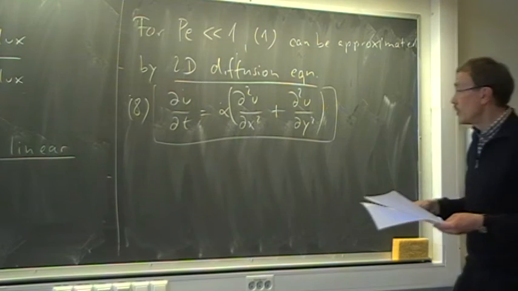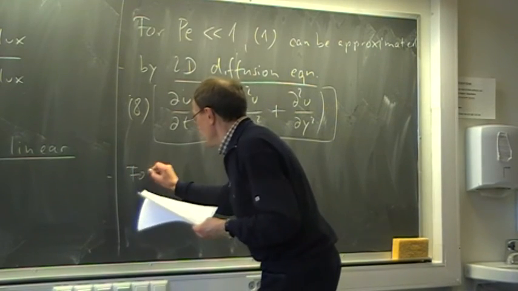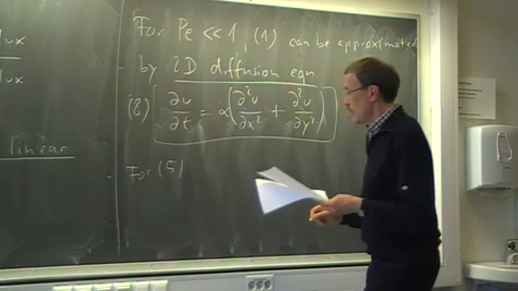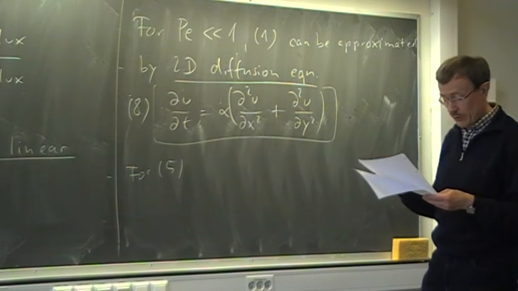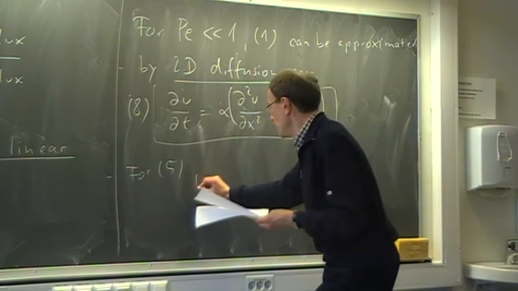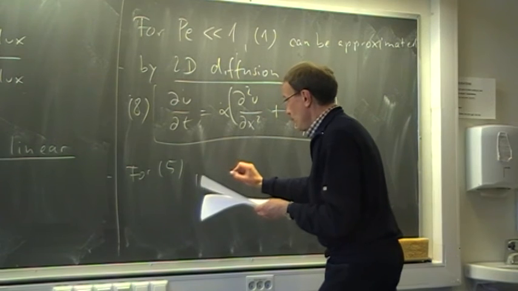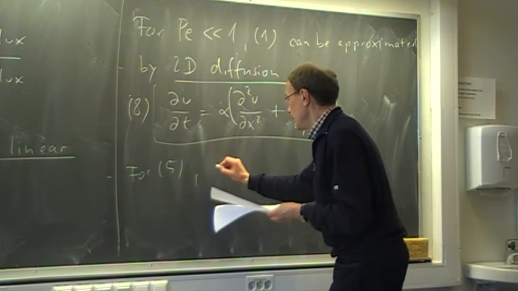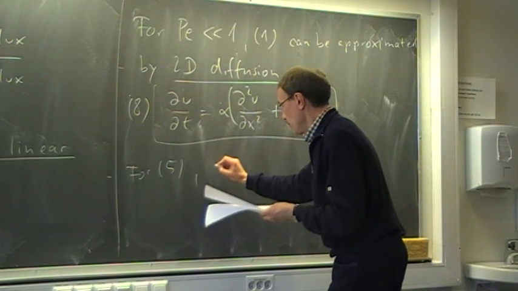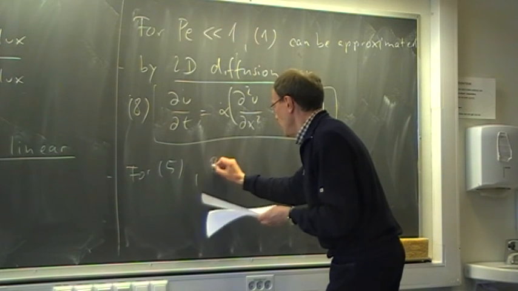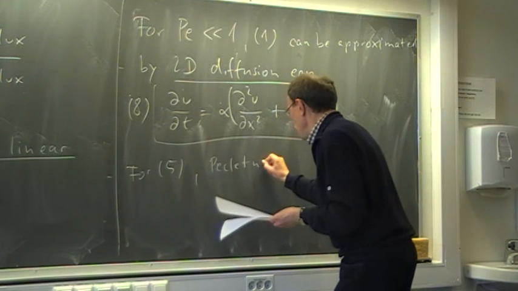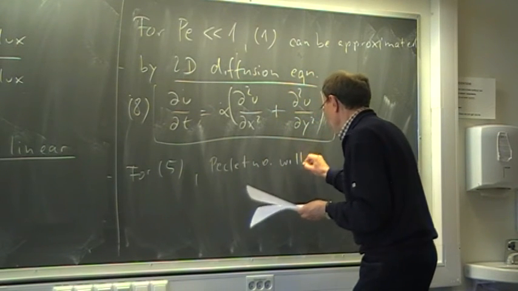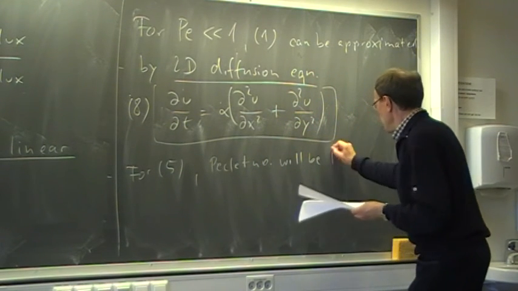And just what I already said for the linearized momentum equation, or if we talk about fluid problems, then we would not consider the Péclet number, but we would have the Reynolds number.